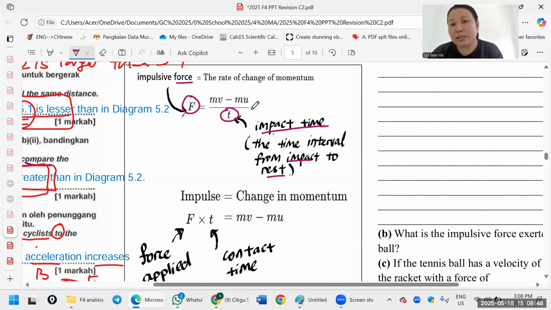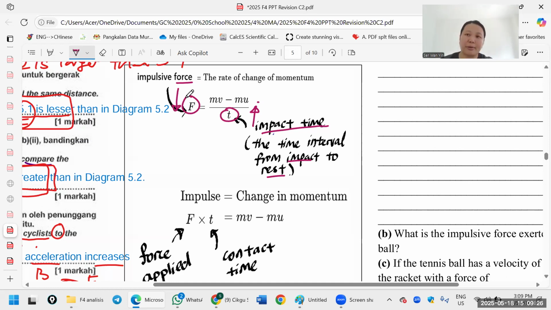So when they say something shoots or drops, reduce injury, we always describe these two things in two sentences. Increase impact time, reduce impulsive force to avoid injury. So this applies to everything that drops.